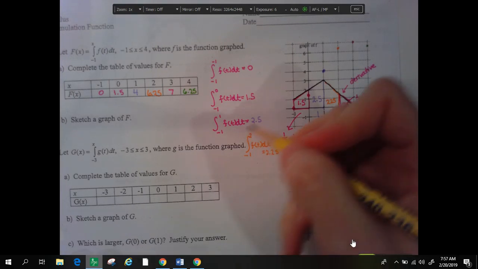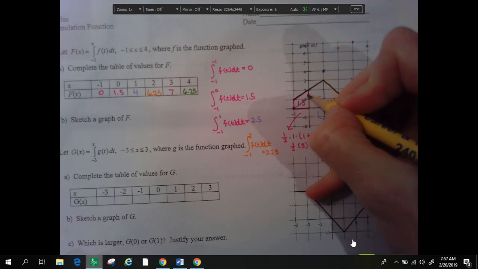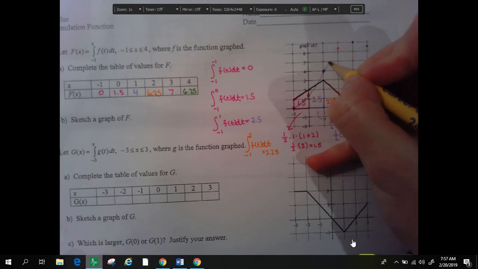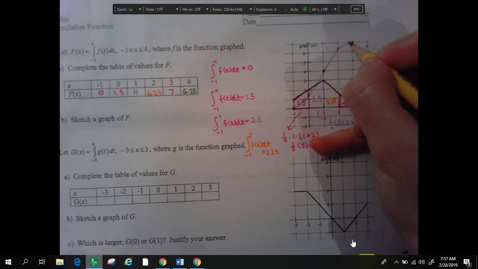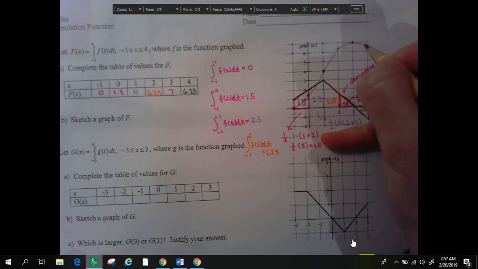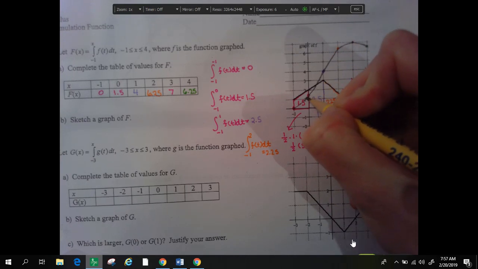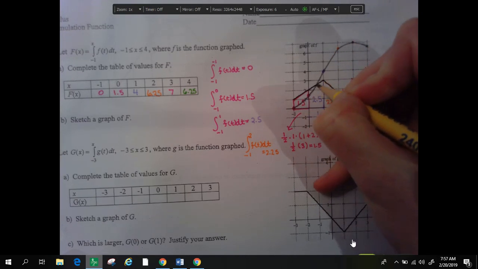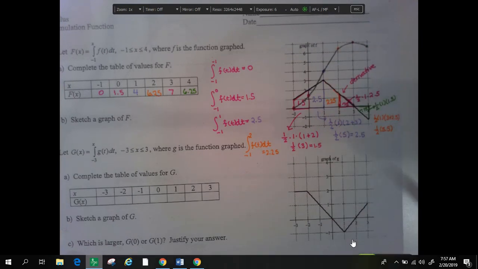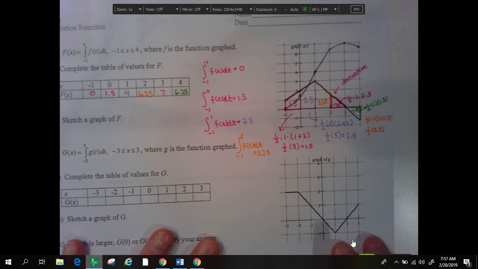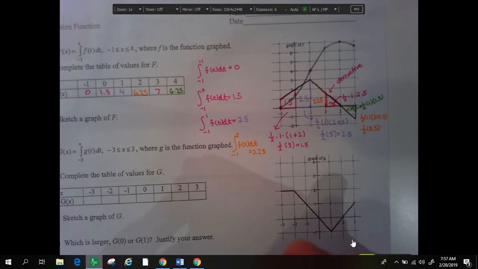I'm going to take my pencil and I'm going to sketch that original curve. Now let's see if it fits all of the properties of everything we already know about a derivative graph.